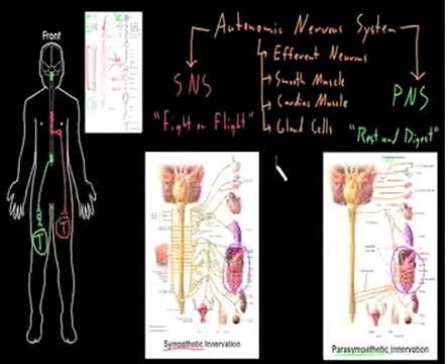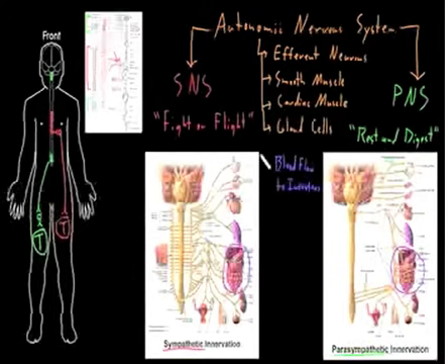But one is blood flow to the intestines, because the amount of blood flowing through the intestines plays a big role in how much digestion the intestines can do. And it also plays a big role in how much blood is available for other parts of the body. So when the sympathetic nervous system is activated in some kind of fight or flight situation, blood flow to the intestines decreases.